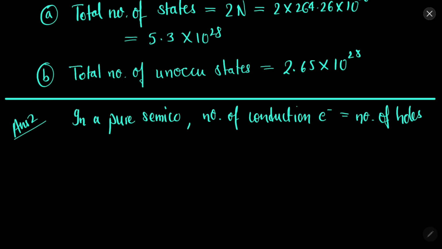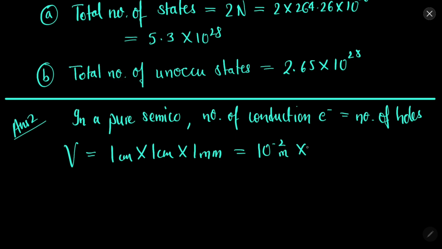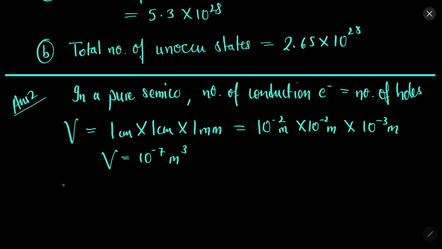Now volume that is given to us is 1 centimeter into 1 centimeter into 1 millimeter. Let's convert it into meter. So it will be 10 to the power minus 2 meter into 10 to the power minus 2 meter into 10 to the power minus 3 meters. So volume will be 10 to the power minus 7 meter cube.